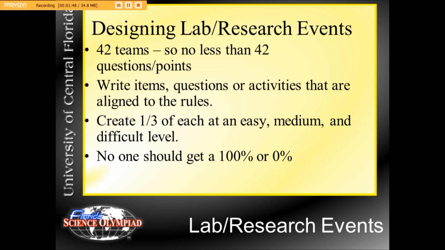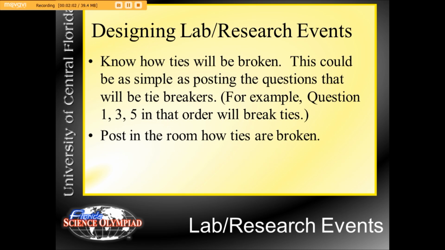So have about a third easy, a third medium, and a third very difficult, so that you don't have a lot of 100% or any 100%, but you also get no one that's getting 0%, because again, how do you break those ties?